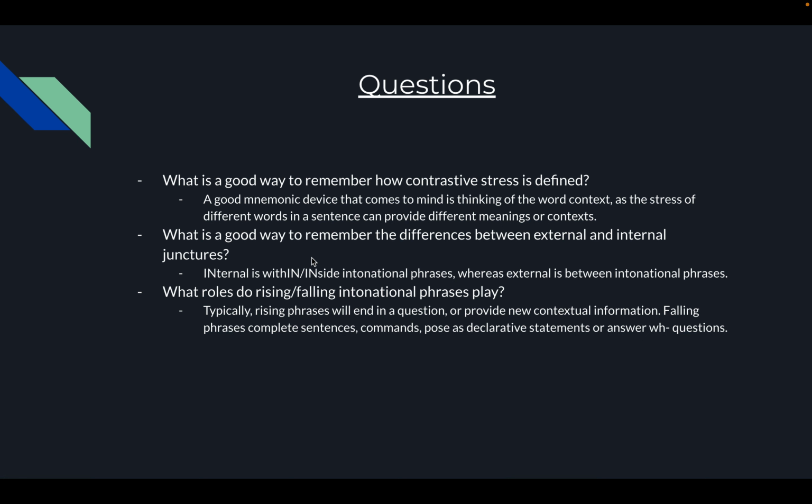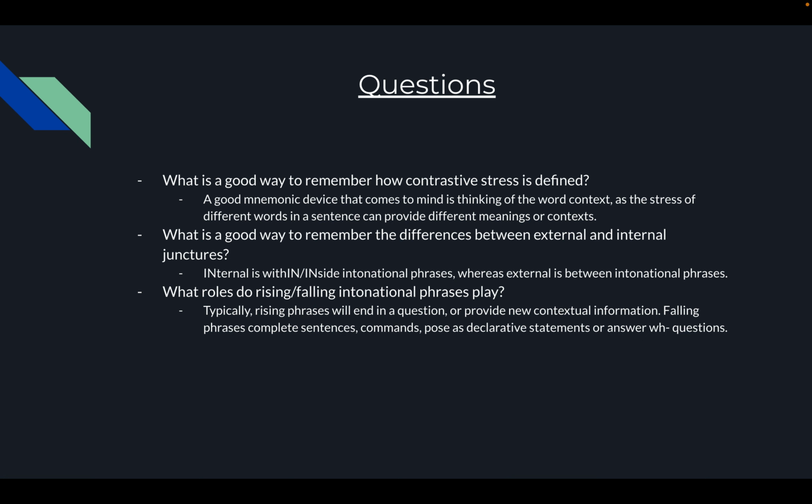So some quick questions before we wrap up. So what is a good way to remember how contrastive stress is defined? So a good mnemonic device that comes to mind is thinking of the word context, as a stress of different words in a sentence can provide different meanings or context. What is a good way to remember the difference between external and internal junctures?